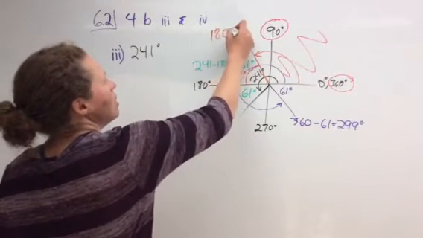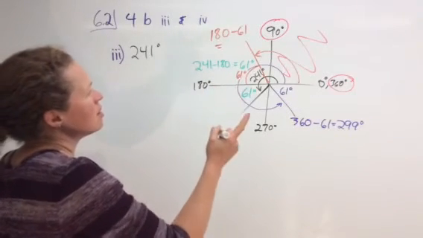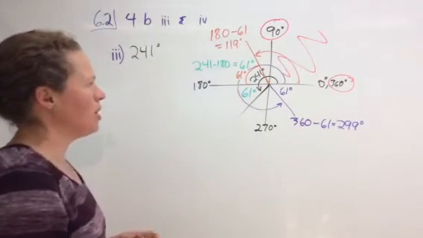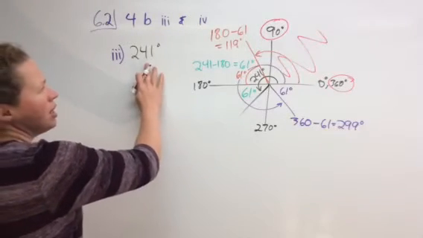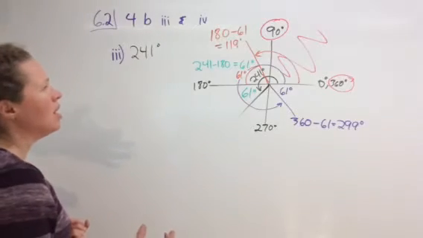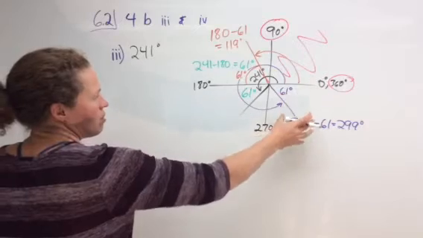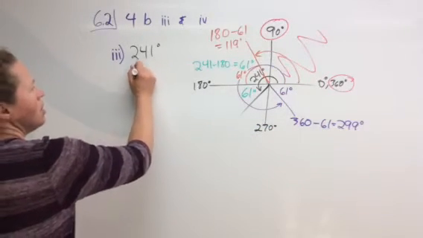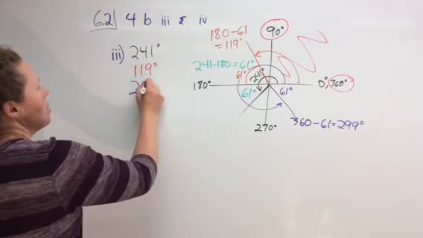So I would go 180 minus 61 degrees, and that would give me 180 minus 60 is 120, so 119 degrees would be the other angle. So 241 has 61 as a reference angle. That was my first step to figure out what it was. And then to figure out what angle in this quadrant and this quadrant also had a reference angle of 61 degrees. And it turns out that it's 119 degrees and 299 degrees.